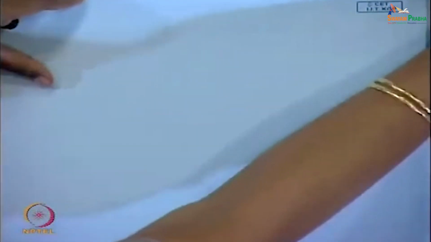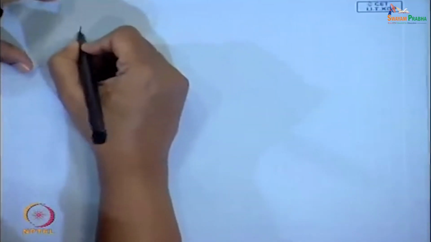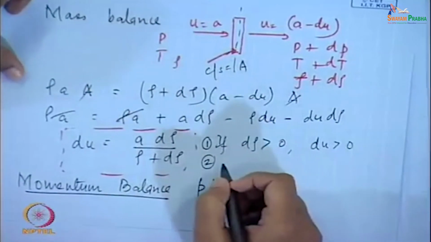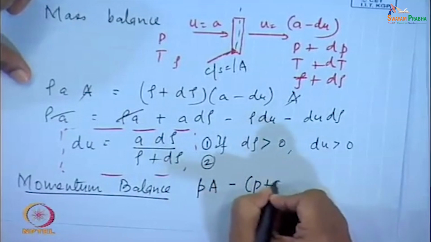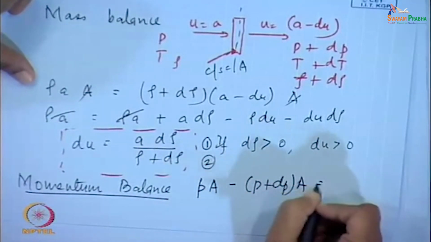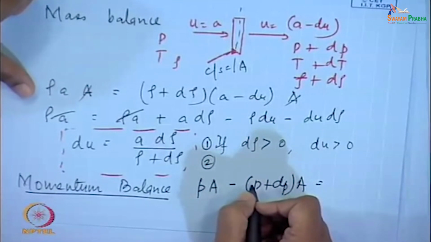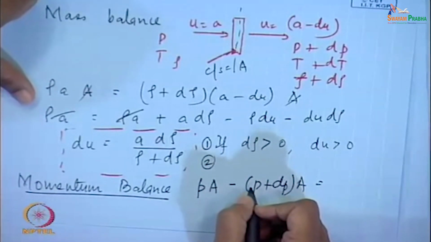So, from here we get P A. The force which is entering is P A. I will just write it down here, so you can compare: minus (P plus d P) A. This is equal to the rate of momentum out minus the rate of momentum in.